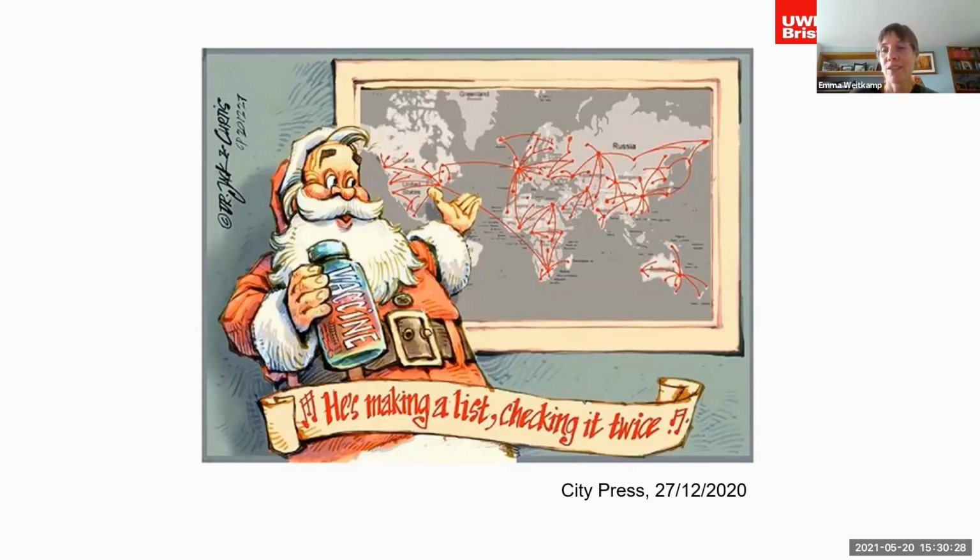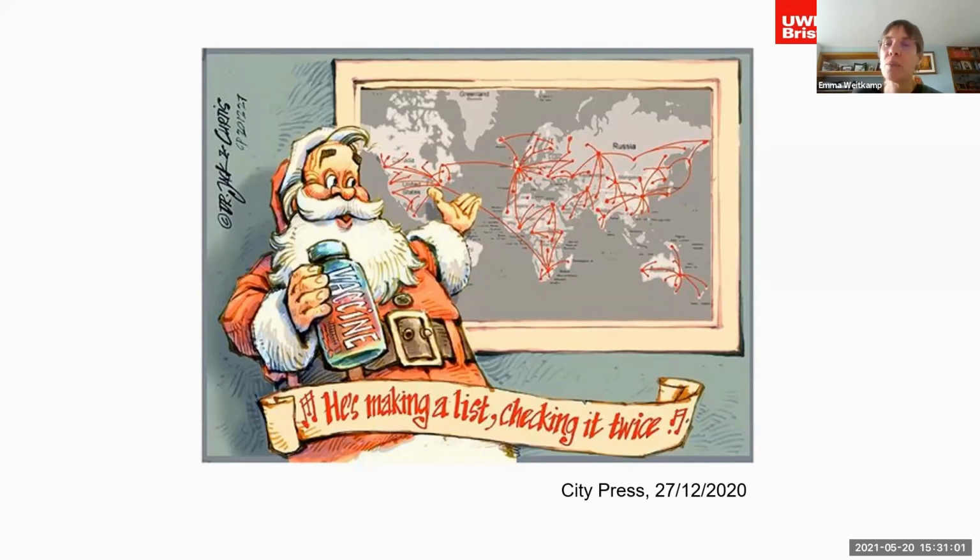There was only one cartoon in the whole data set that tackled science as a primary theme. Science appeared sometimes as a secondary theme, but as a primary theme, there was only this one cartoon from South Africa, which appeared at the end of December 2020. You can see from the image here that there is a representation of viral spread in the graphic. But we thought what was really interesting about this cartoon was Santa's holding a vaccine, a bottle of vaccine.